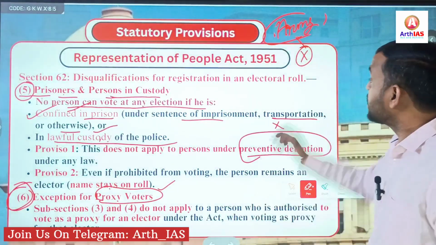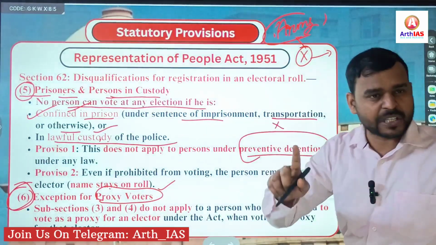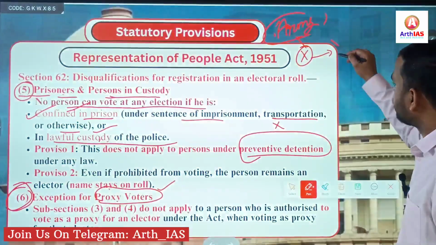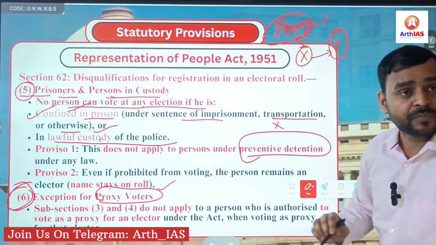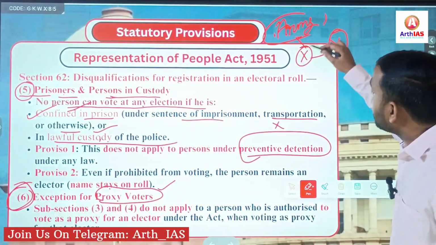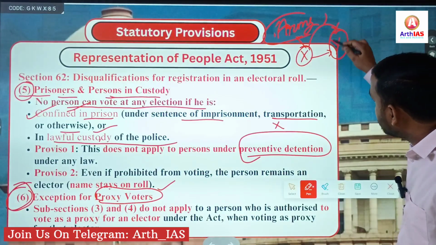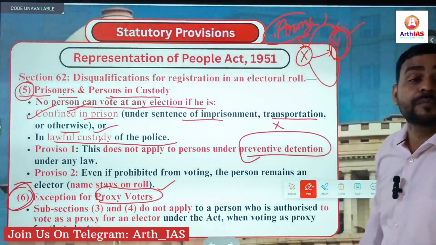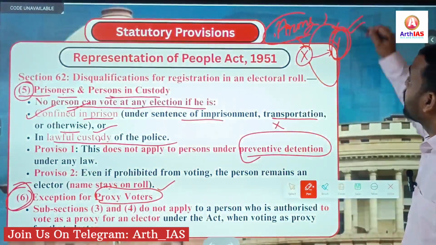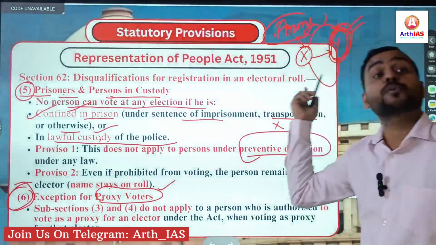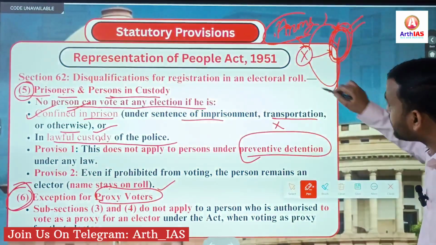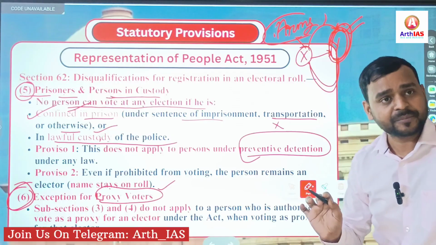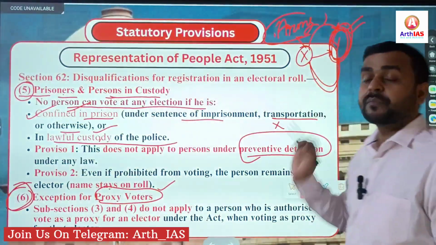That means that person can choose one person, for example, his or her own family member, say person Y is his or her brother. He can give his voting right to this person, and Y will vote on behalf of person X. This is called a proxy voter. Person Y is the proxy voter, voting on behalf of his or her brother. That is the simple meaning of proxy voter.